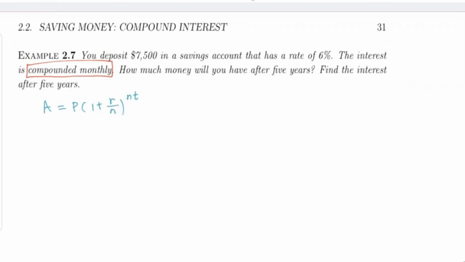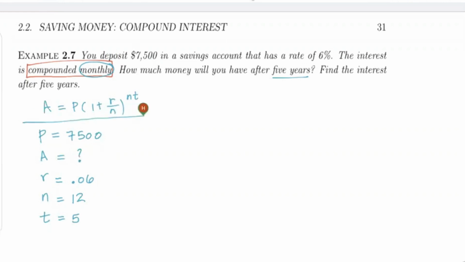So write out P, A, R, N, T. The deposit, the present value; 6%, 0.06; compounded monthly, 12; 5 years after, 5; and A is the question mark. Do we understand this?